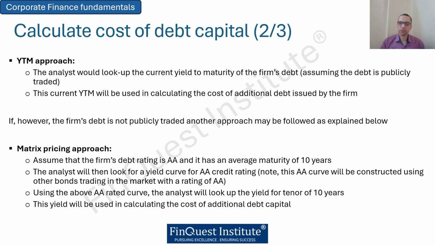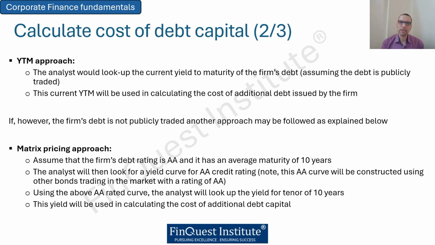For the YTM approach, any financial analyst is going to look up the current YTM for the firm's debt. Here the assumption is that the company's debt is publicly traded. So all we need to do is go to a market source, maybe Bloomberg or Refinitiv or any other market data source, and look up the YTM for the firm's debt.